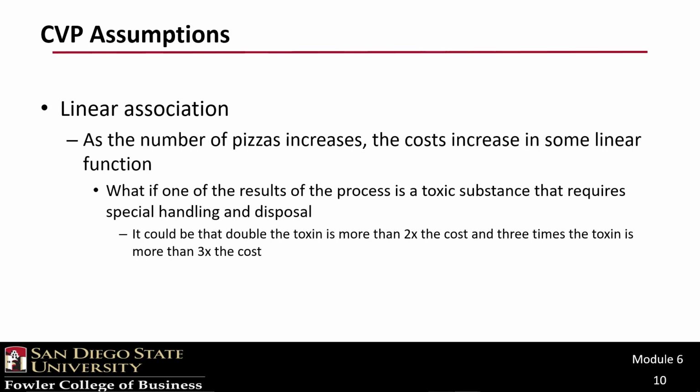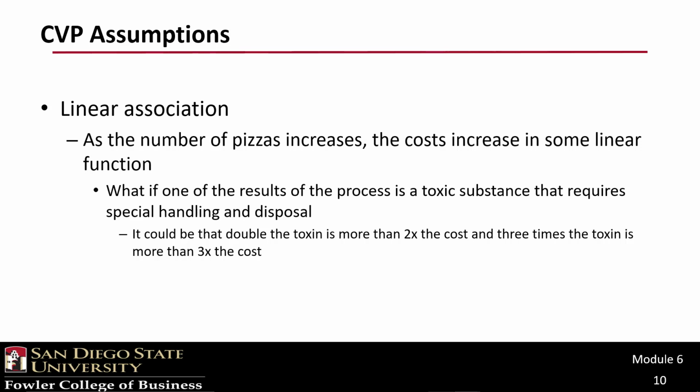So we also always assume there's a linear association between the units of production, or whatever our activity base is, to be honest, and the costs. So as the number of pizzas increases, the costs increase in some linear function. Okay, and we ordinarily think of most costs operating in a linear function, but what if one of the results of the process that we're using to manufacture something is that a toxic substance is created?